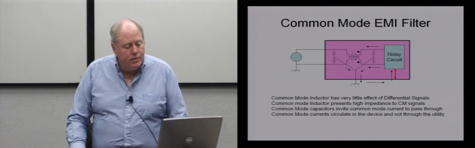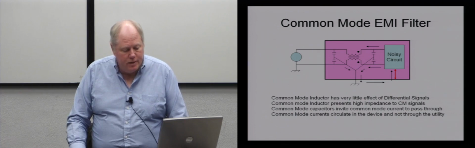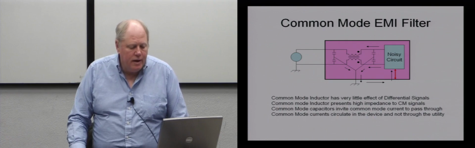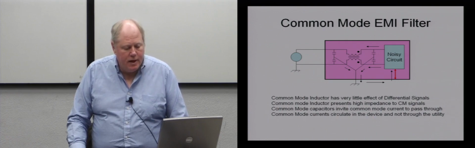They're wound such that the normal current going through it, the current that's bringing the utility into the circuit, cancels out. So there is no net current flow from that, or no net induction in the core. But for currents going through in the direction of the arrows, it looks like a large inductor. And so the current doesn't want to go through that inductor.